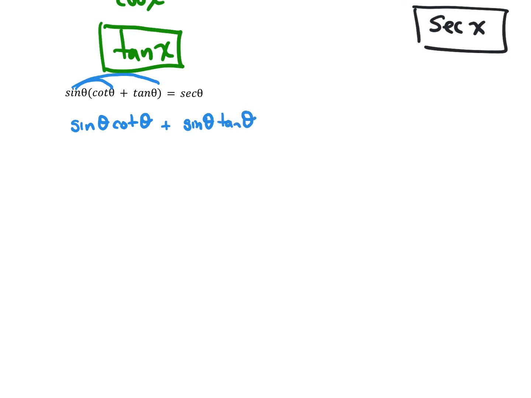Now somehow I'm claiming that this is going to simplify to simply secant theta. Let's see if it does. So first I would turn cotangent into cosine over sine, and then I would turn tangent into sine over cosine.